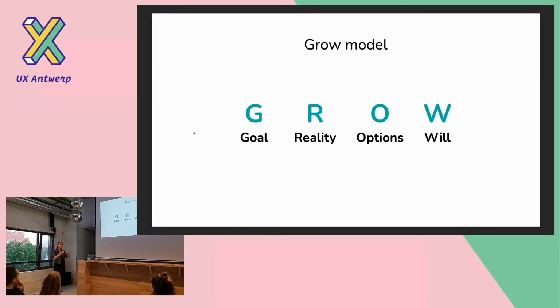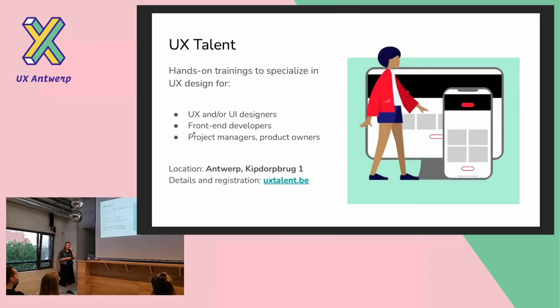Do I have the will to start it up, to take the first step? This is about discipline, about focus on the goal. And I think this is a good way to talk about growth of people, of professionals. So this is a model that I also use when I coach people or when I train people.